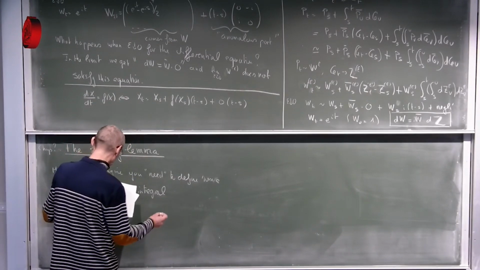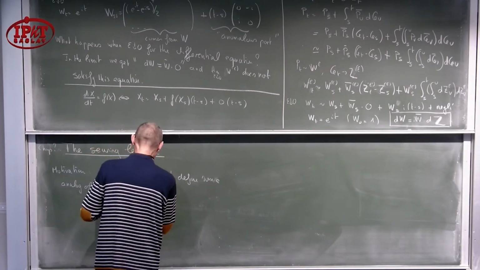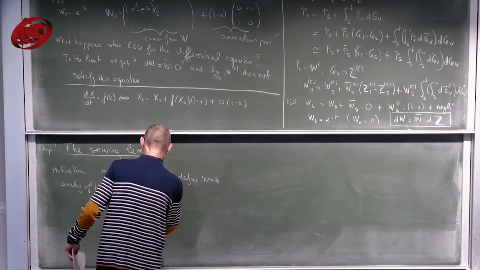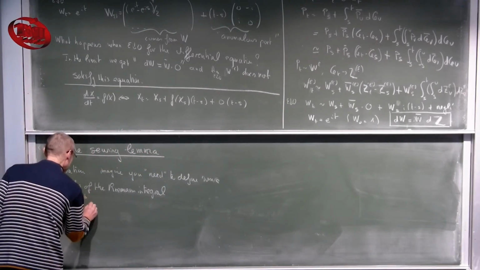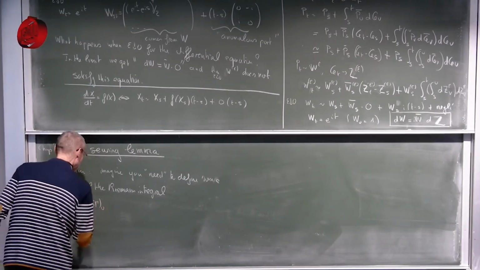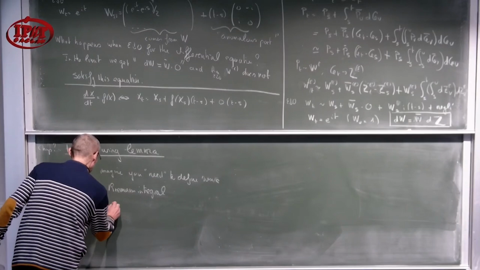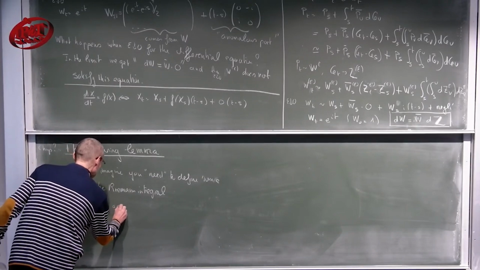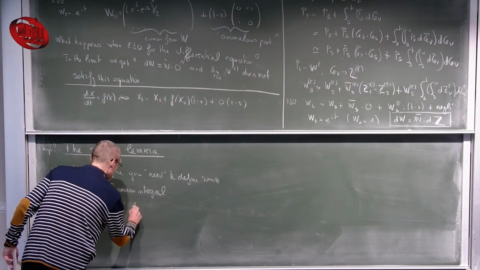Symbolically, you imagine you want to describe something that you write as this. This is just purely a symbol. So this has Riemann sums, limits of Riemann sums.